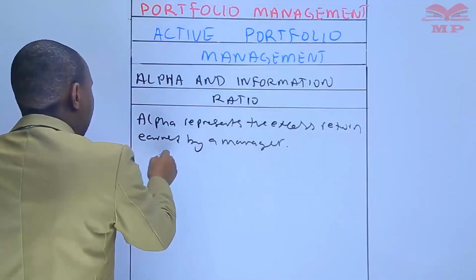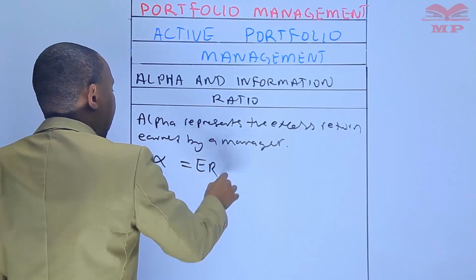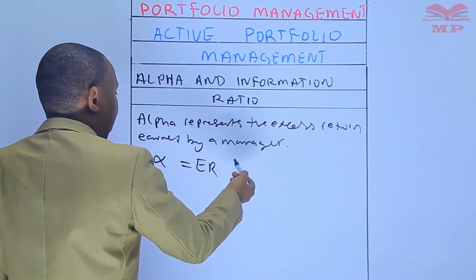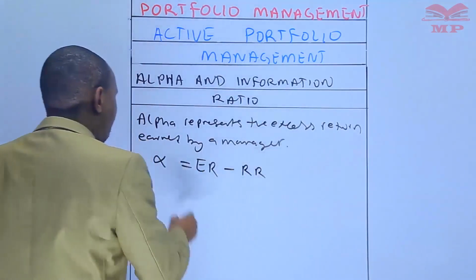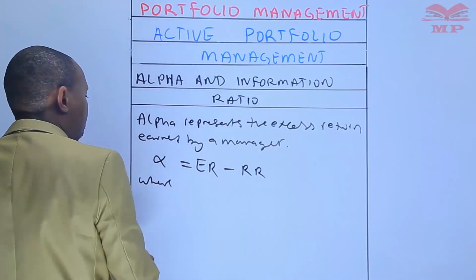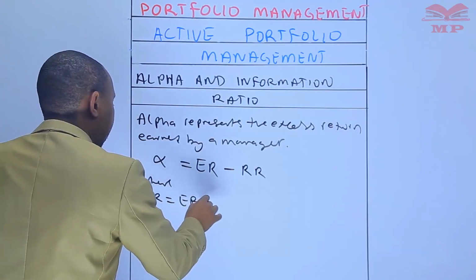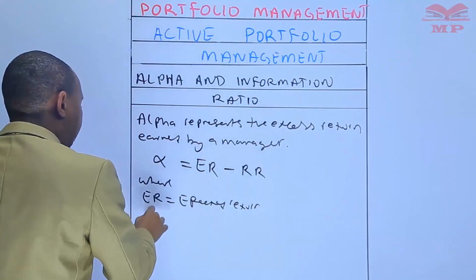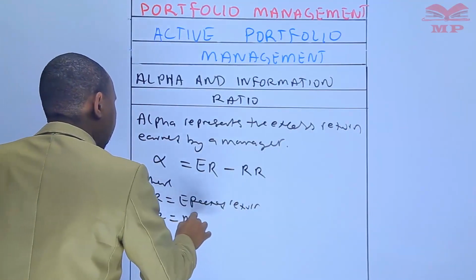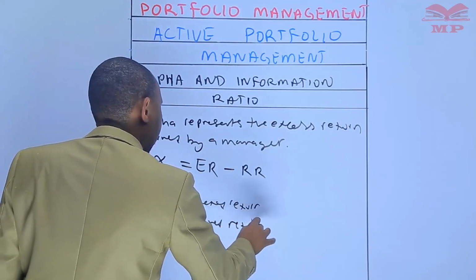Alpha is given as expected return minus required return, where ER is expected return and RR is required return.